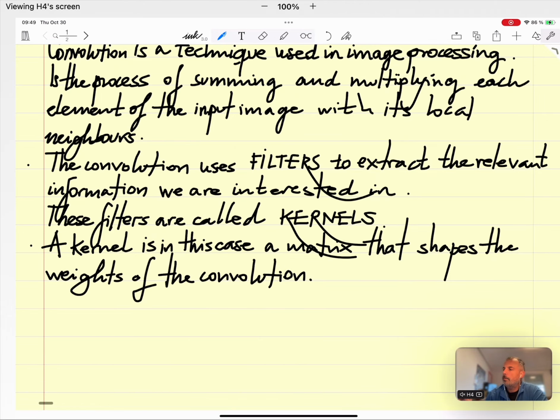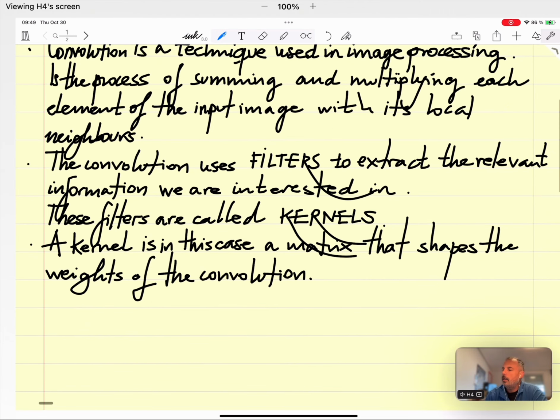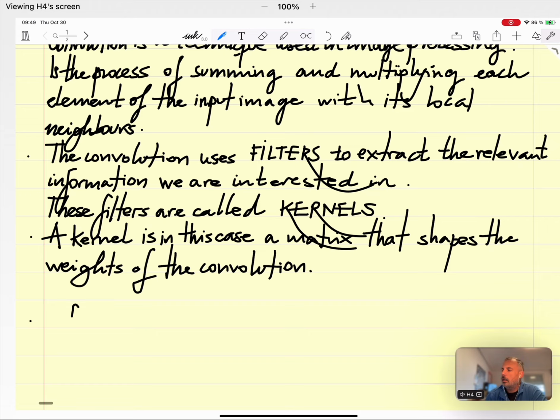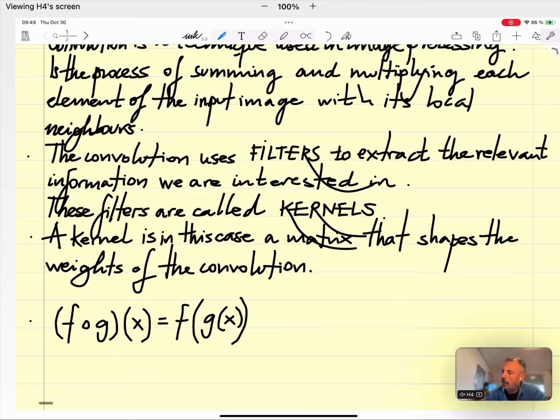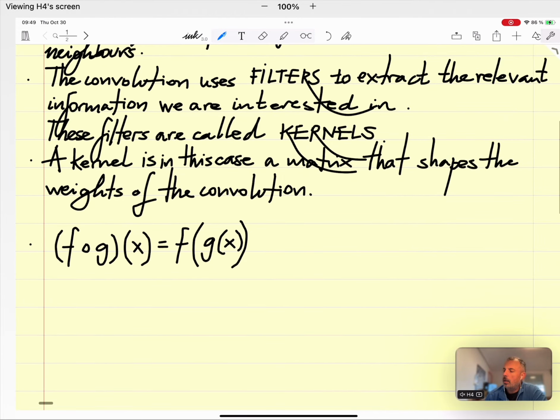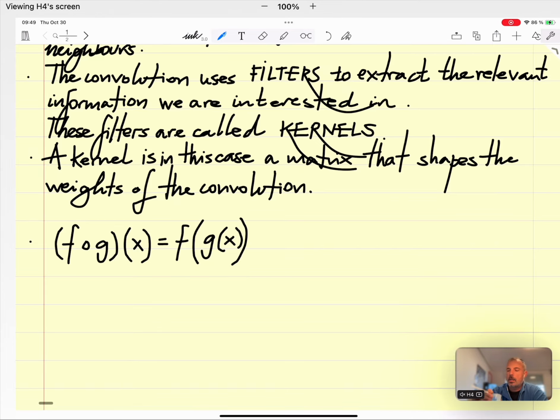Mathematically, maybe you have seen this already. f convolved with g applied to x might be interpreted as f applied to g of x, depending on the notation. It's just applying one function to another. But what are we doing in image processing? We are doing processing of images.